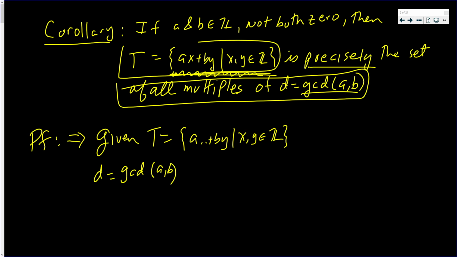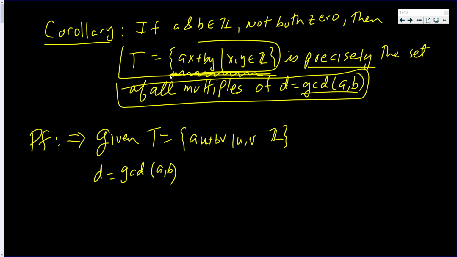I prefer not to use x and y's here. How about we say au plus bv, for u and v in Z?